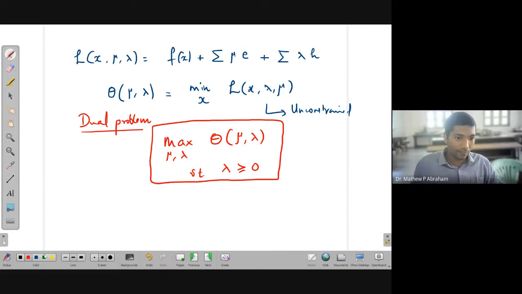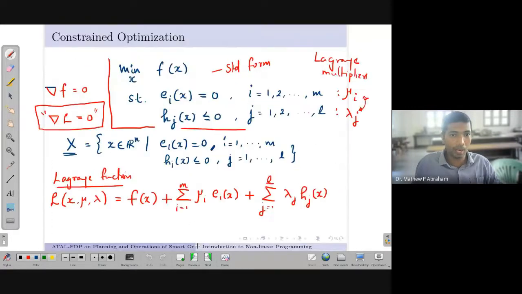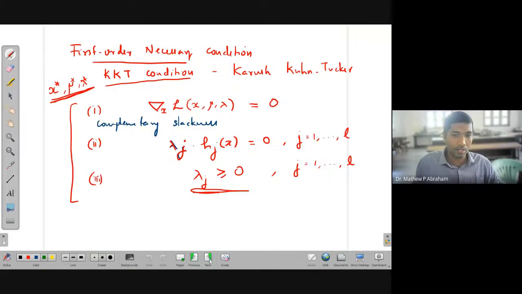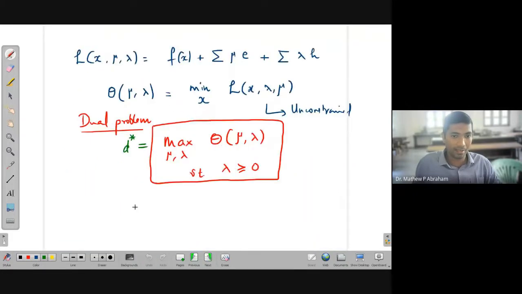Let's say the solution to this problem is d star. Remember, this is the optimal dual objective value. Suppose the solution to the primal problem is given by p star.